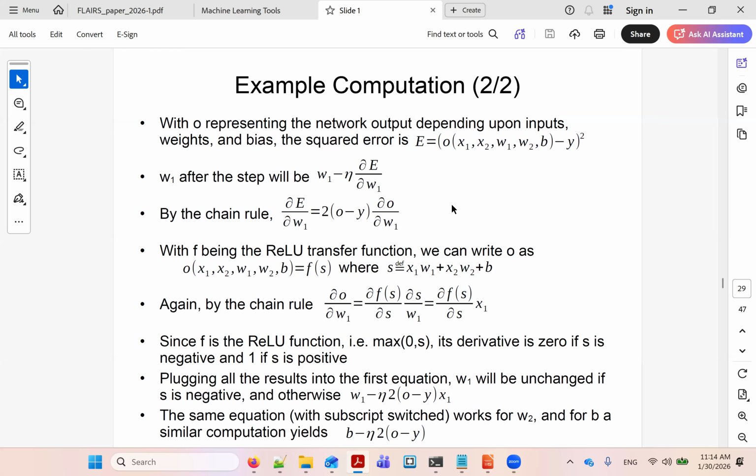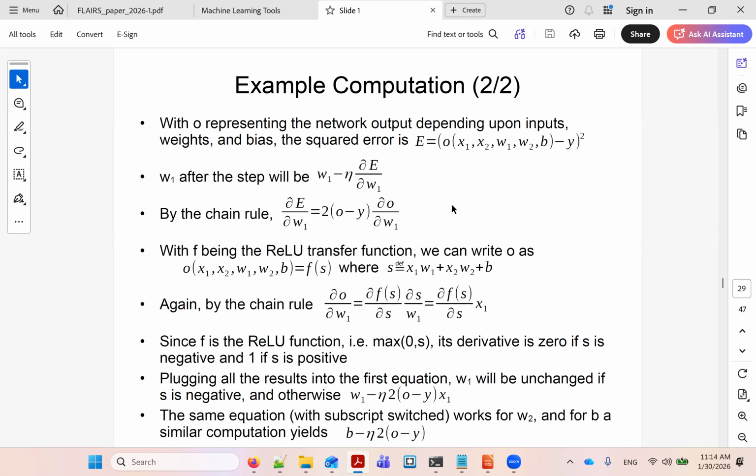w1, after stepping 1 step through the algorithm, will be its original value minus eta times the partial derivative with respect to w1. And we'll just follow through with w1. As you'll see, it's not different for w2 or b, really, and there'll be a couple of comments at the bottom about the slight differences. So again, we're taking the derivative of this using the chain rule.